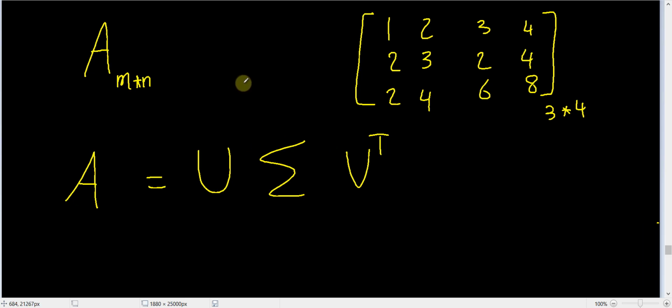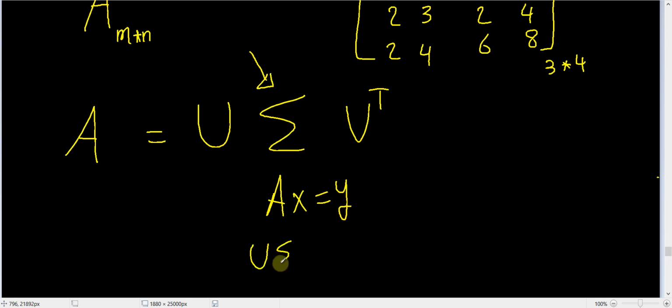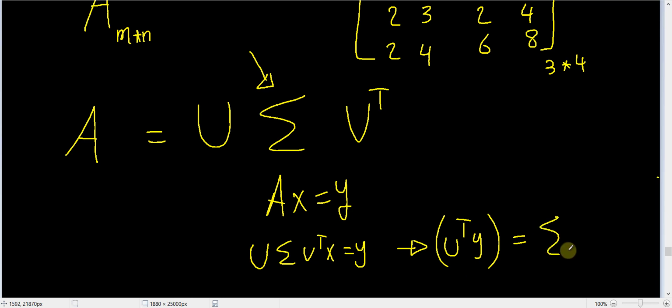We also need the matrix sigma to be a diagonalized representation of the matrix A. So if we have AX equal Y, then we still need U sigma V transpose X to be equal to Y, which means that we want U transpose Y to be equal to sigma multiplied by V transpose X. So I want sigma to be a good representative for the matrix A. So I need sigma to have the same dimensions as the matrix A. If the matrix A was an m by n matrix, I need this to be a square matrix, so this must be m by m.